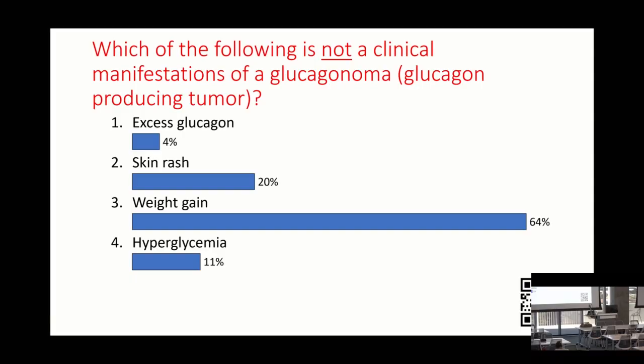It goes with the effects of glucagon, because it doesn't cause weight gain, it actually causes weight loss. This is for us to review the actions of glucagon. Any questions? Okay.